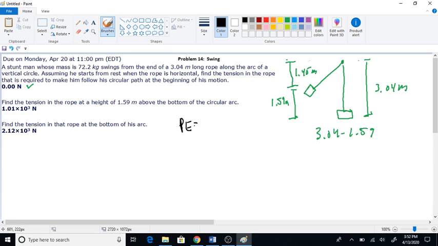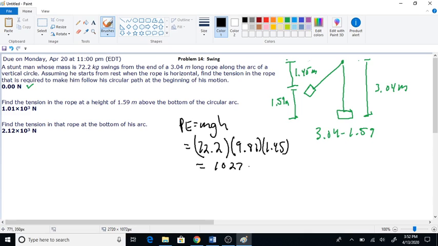Well, that's PE = mgh. So it is mass 72.2. Please use your own numbers, because if you use mine, that will cause problems. Gravity 9.81, and our height of 1.45. Okay, that gets us 1,027.009 joules.